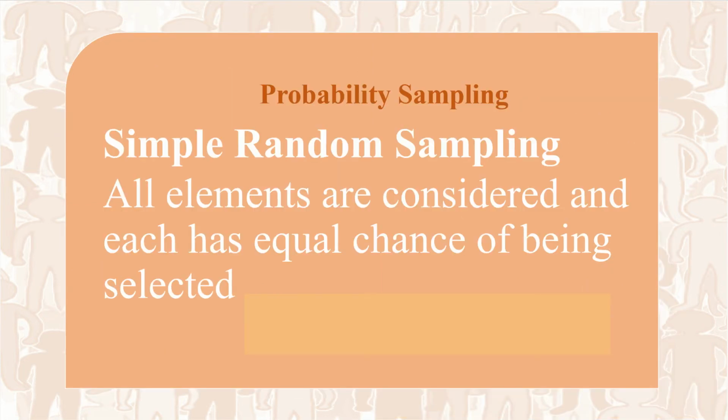The probability sampling method, simple random selection, allows each member of the population an equal opportunity to be chosen to participate in the study, and simple random assignment allows each participant an equal opportunity to be assigned to either the control group or the experimental group.